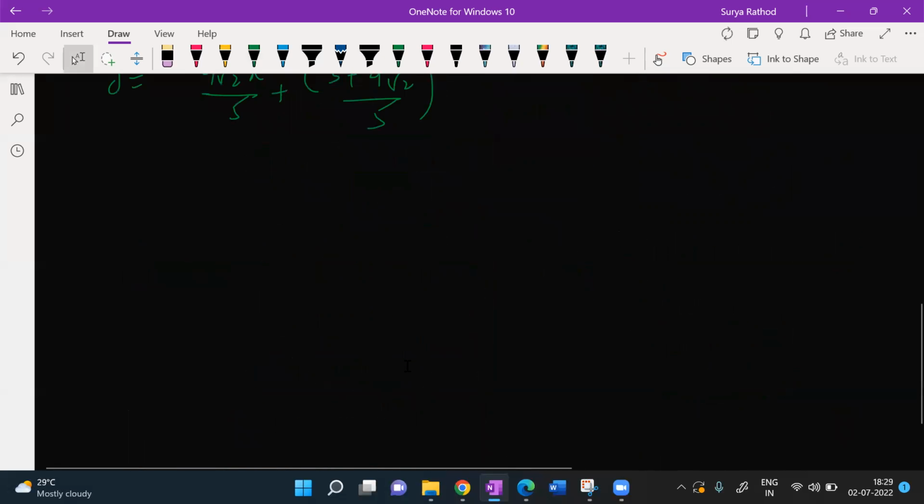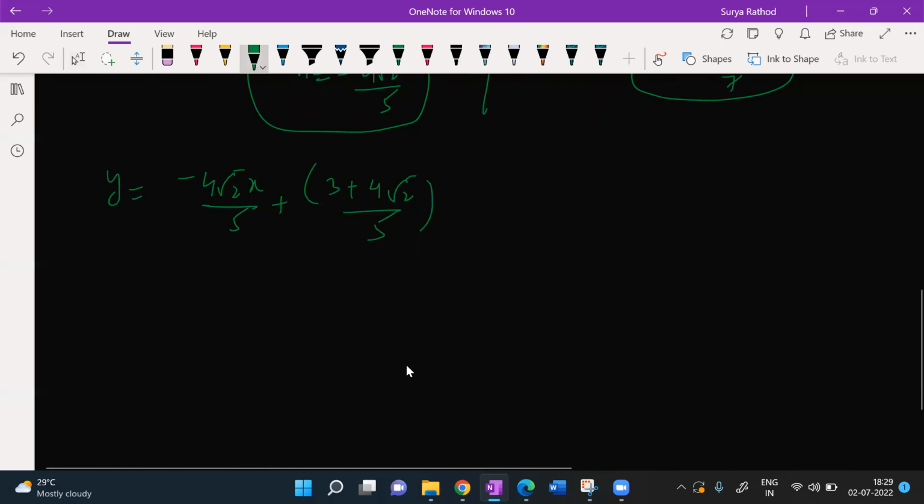Yes, so just solve this now. What are you going to get? 5y is equal to minus 4 root 2 x plus 3 plus 4 root 2.